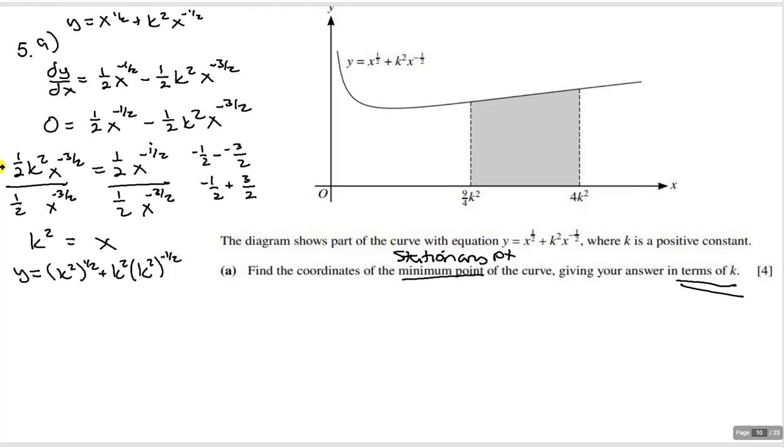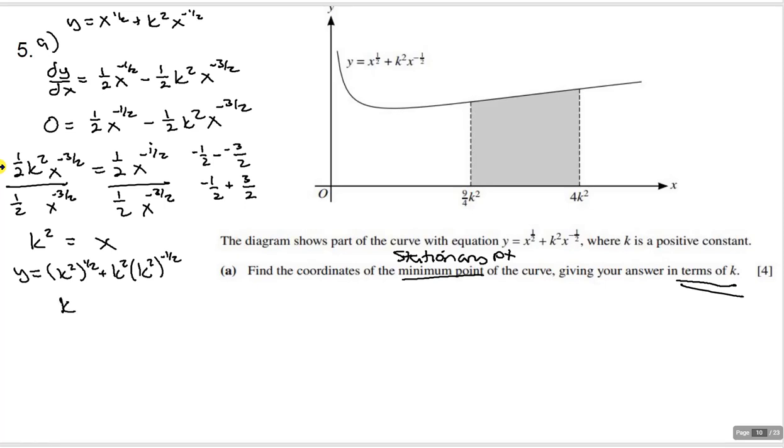So this kind of tests your skills with exponents and raising the powers, okay? If I'm raising a power to a power, I multiply the powers. So this is going to end up being k, because it's 2 times 1/2, so it'll end up being k to the first.